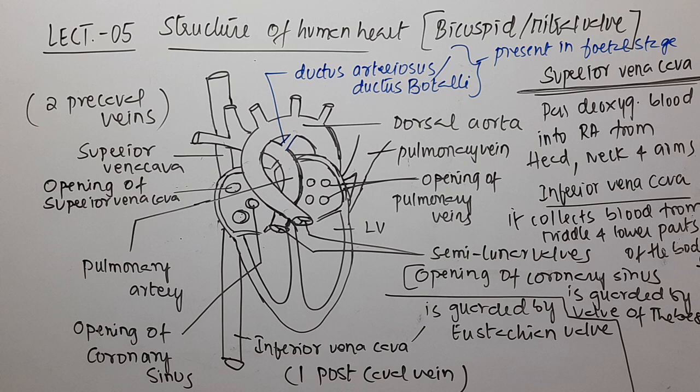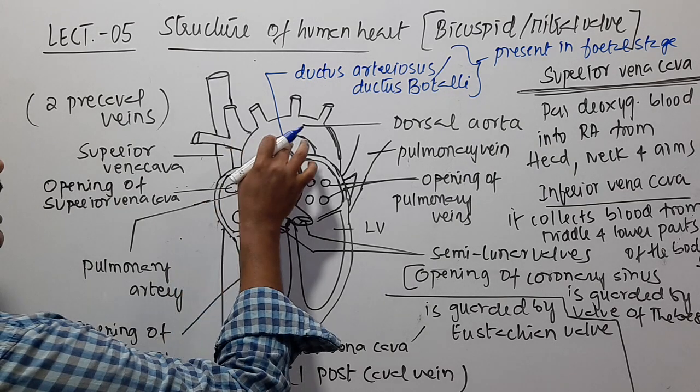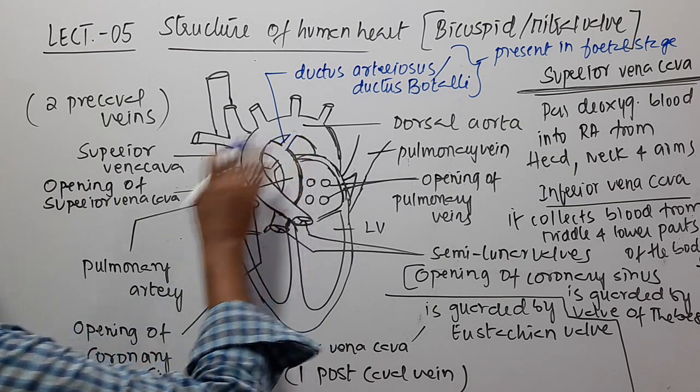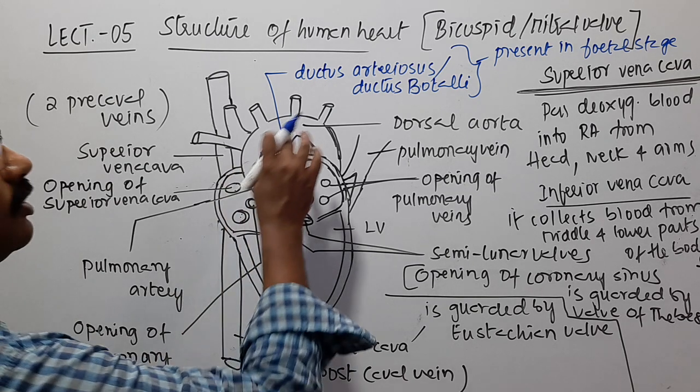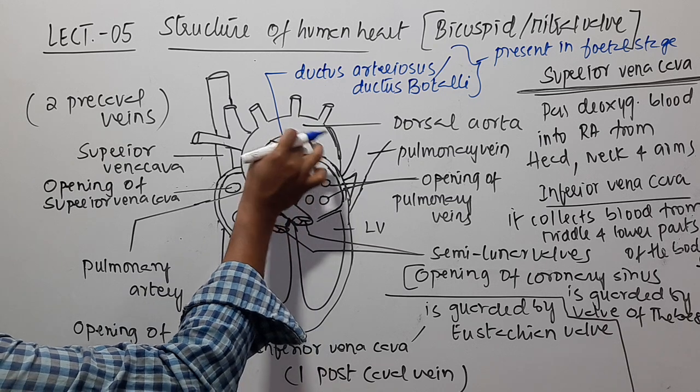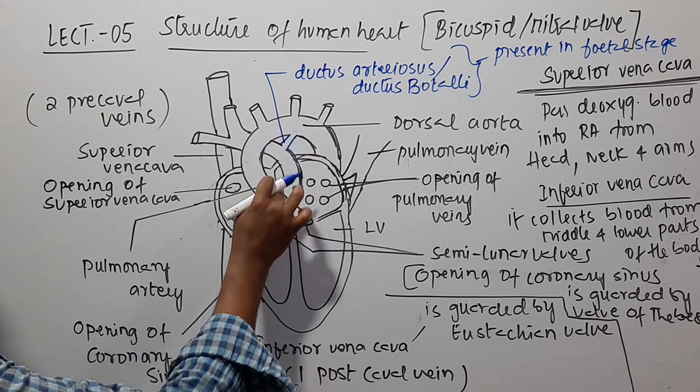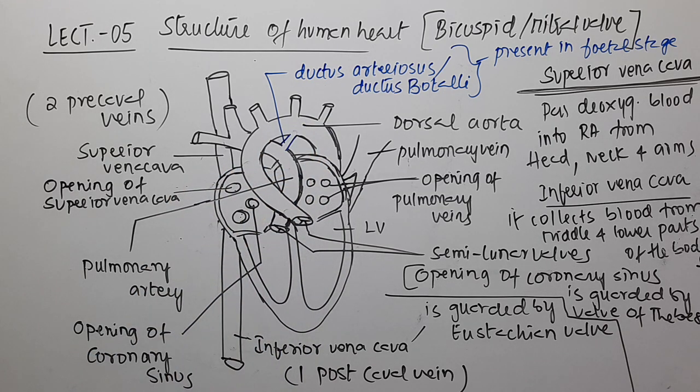After the birth, this ductus arteriosus completely degenerates, and it remains as ligamentum arteriosum. Here again the function is just like the foramen ovale I described, to bypass the blood. As I told, in the embryonic conditions the lungs are not functional.